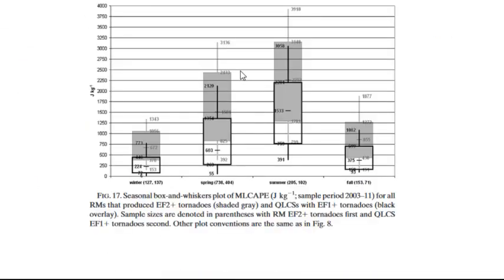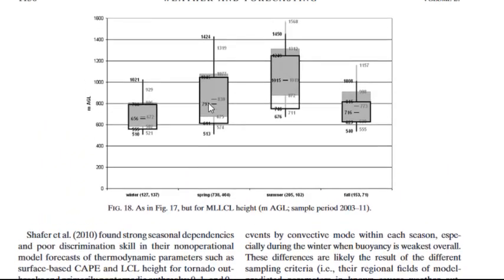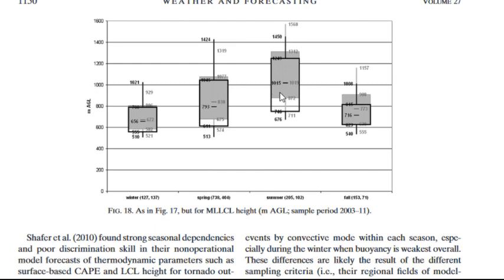So that's how we go about using this, and I'm just going to go very quickly through the remaining ones for spring, summer, and fall. With ML CAPE, as we get into the warm season, the values go way up, and not surprisingly, your isolated supercells favor the higher values. LCL height, they fall pretty much in the same range there.